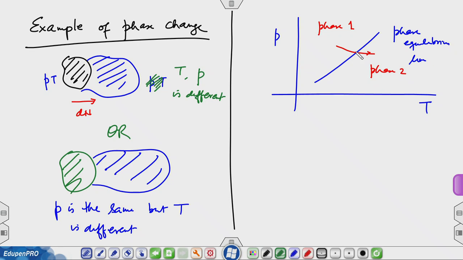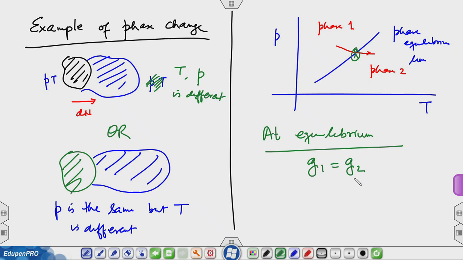And at the equilibrium point in between, we saw that something became equal: G1, the Gibbs free energy of one, became equal to the other.